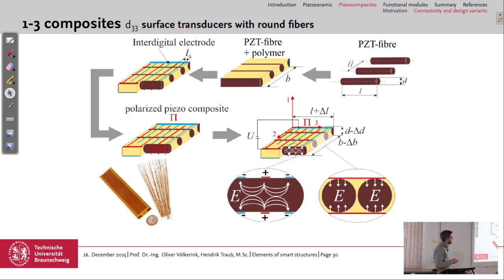Yes, it's the D33 effect, because the field now is in this direction, and we also use the elongation of the fibers in this direction. Elongation and field direction are the same. Here are the fibers, and here is the manufactured transducer where the fibers are in. In the middle, it's maximum. So here in the middle, it's straight.